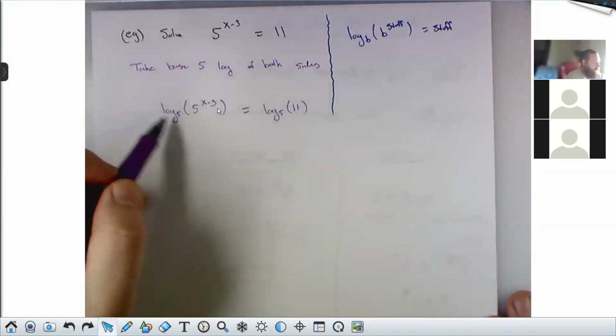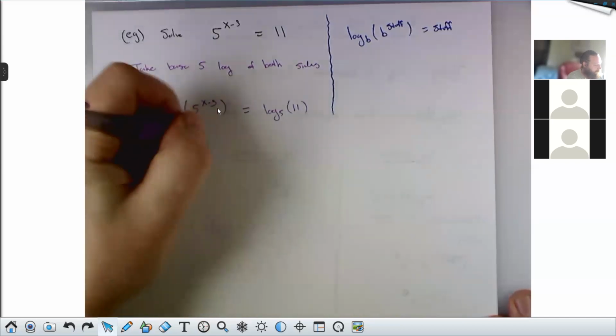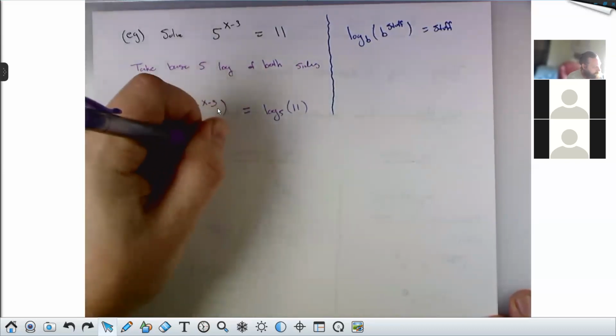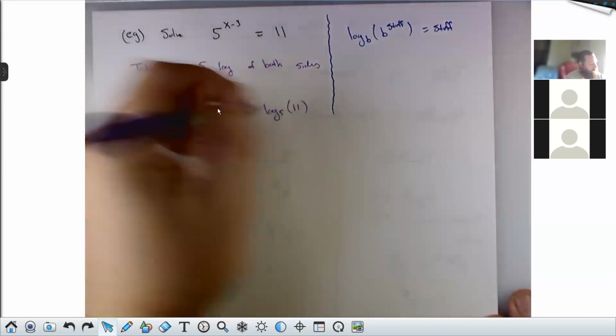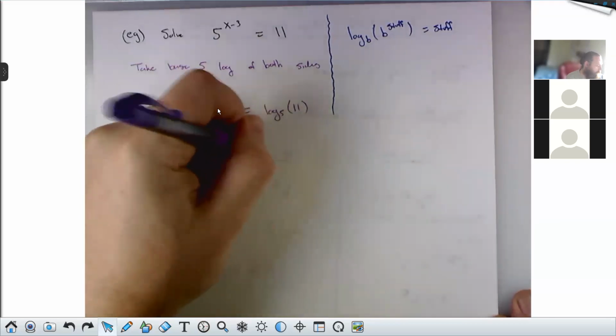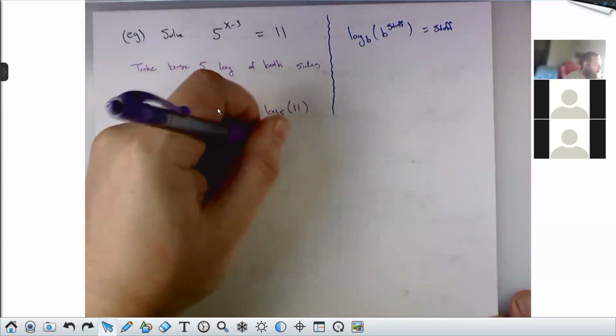So on the left-hand side, the base 5 logarithm of 5 to the x minus 3, that's just x minus 3. On the right-hand side, there's no escaping this. This is just the base 5 log of 11.